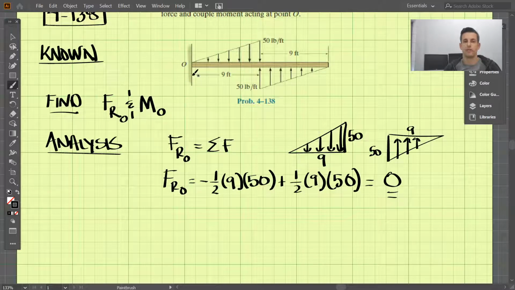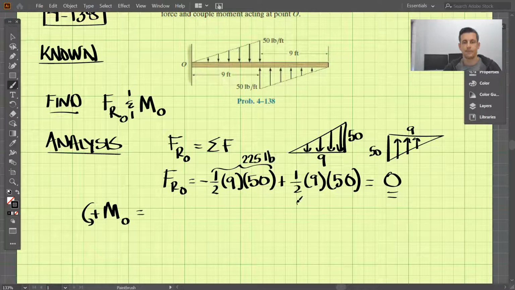So to find the resultant moment at O, we would just take the sum of the moments for each of these distributed loads. Okay, so we're going to call counterclockwise positive in our sign convention. All right, so we have the sum of the force here. Each one of these is 225 pounds. This one's also 225 pounds.